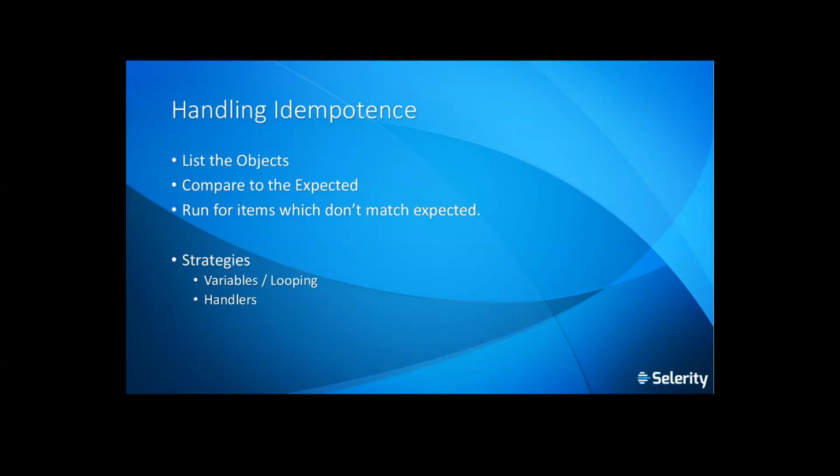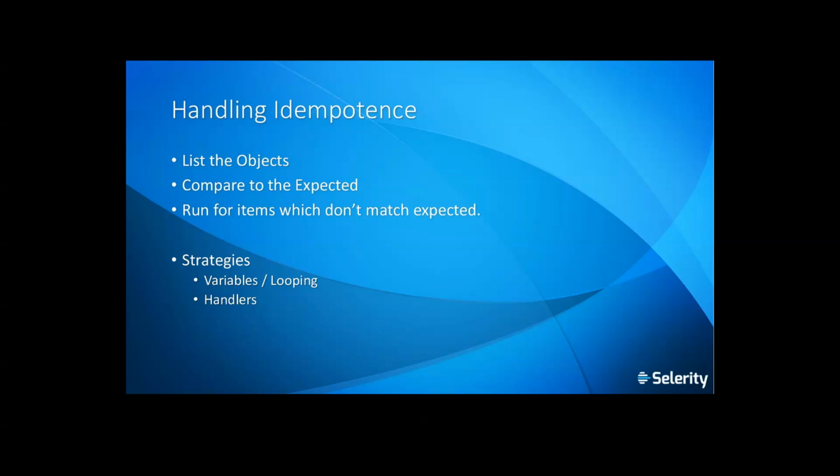So the way that we do that is that we list objects, compare to an expected list of values, and then run against the items which don't match that expected. So kind of think about it in terms of data management, like an ETL operation in some respects, or like a Delta process. That's essentially what we're going to set up here.